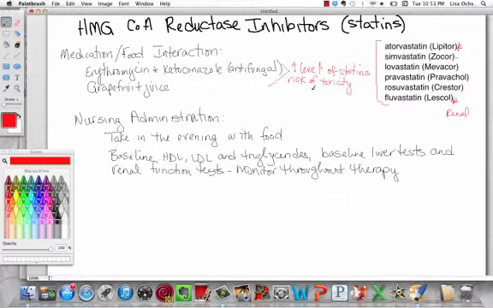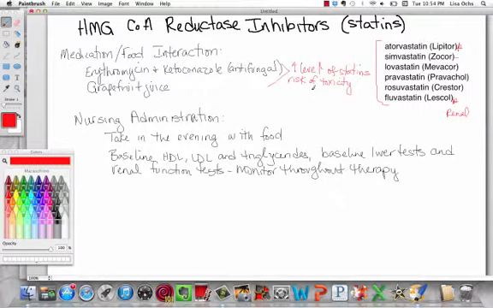So that's kind of a big deal. So grapefruit juice should be avoided. Patients don't have to cut out grapefruit juice altogether, but they should not drink more than about 8 ounces a day. And erythromycin and ketoconazole should not be taken while the patient is taking statins.